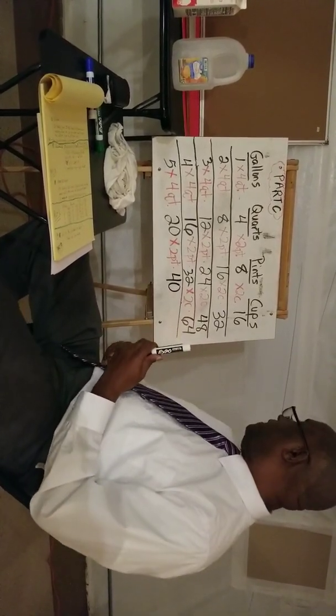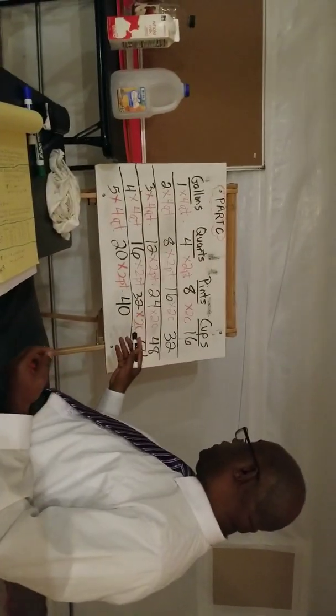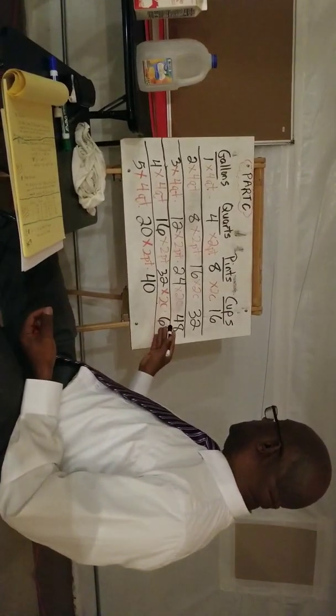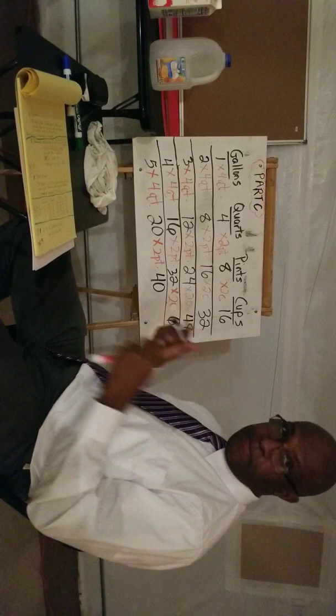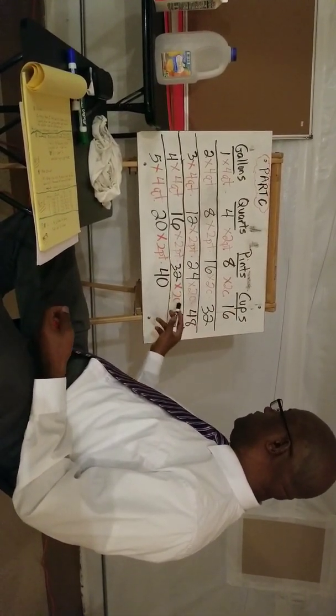And finally, if we have 40 pints and we want to know what's the equivalent, or what's the same, how many cups equal up to 40 pints? Here we see the pattern. 2 cups, 2 cups, 2 cups, 2 cups.